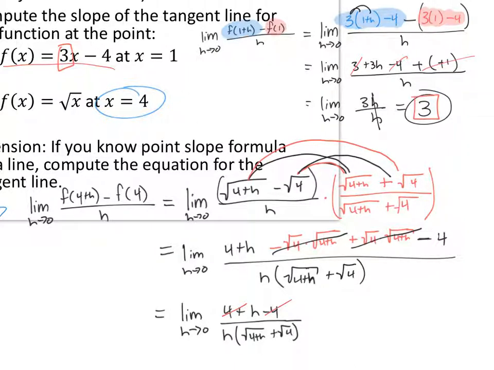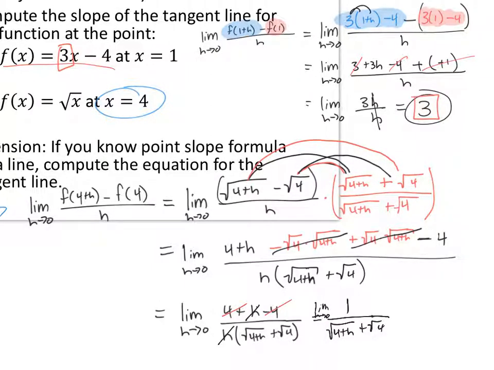The h on the top and the h on the bottom cancel out, and I'm left with 1 over root 4 plus h plus root 4, and then it's the limit as h approaches 0 of that.